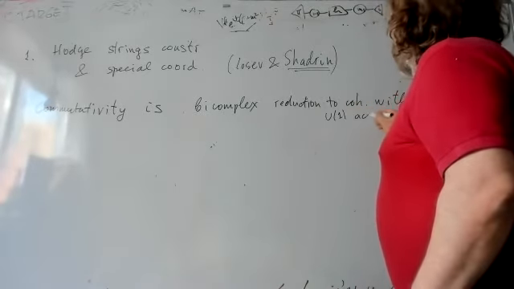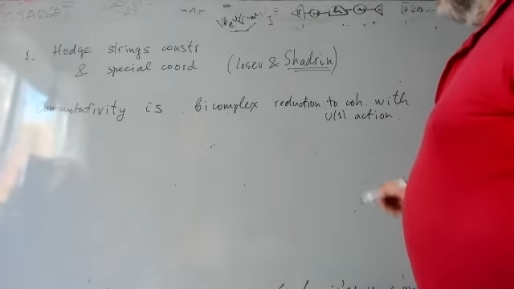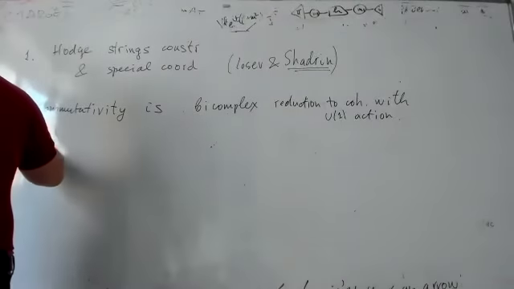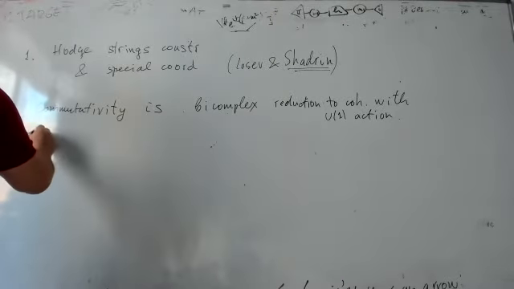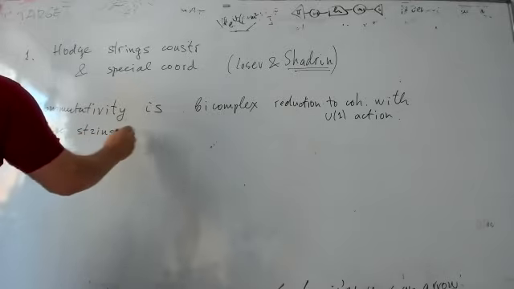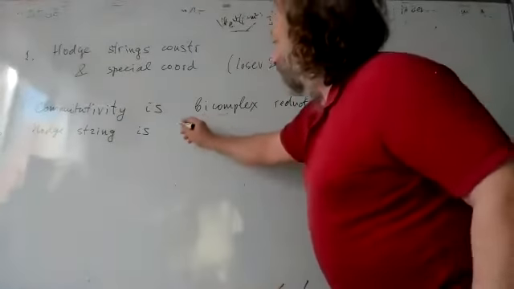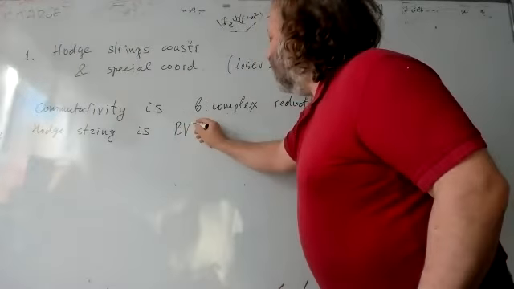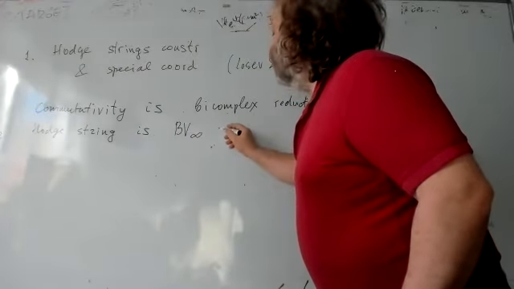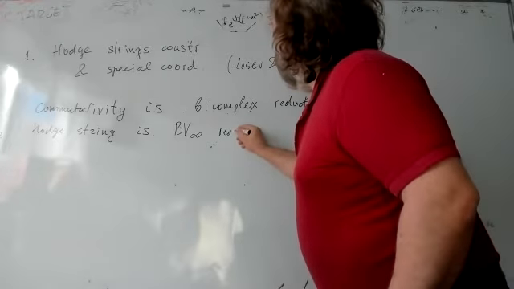U1 action. Hodge string is something like what people are calling BV infinity, reduction to cohomology.